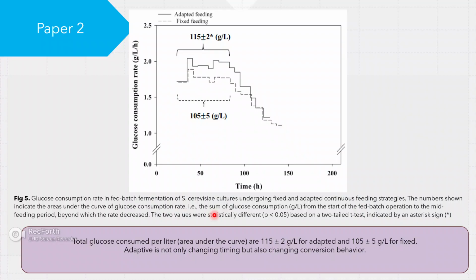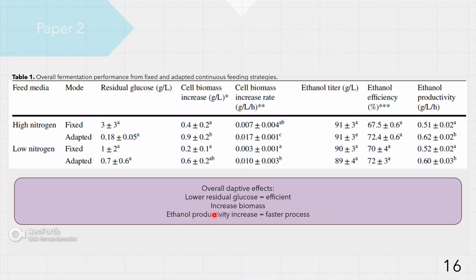So continuing with figure 5, which shows the total glucose consumed per liter, the area under the curve is 115 grams per L for adapted and 105 for fixed feeding. This means that the adaptive strategy is not only changing the timing but also changing the conversion behavior.